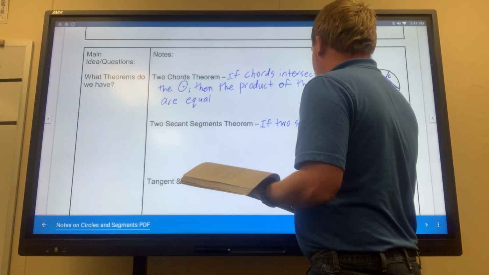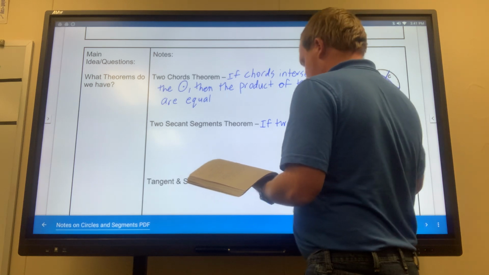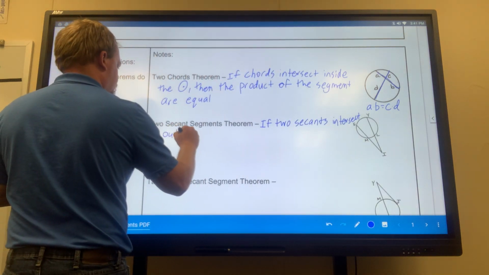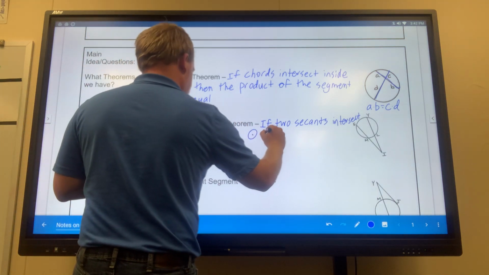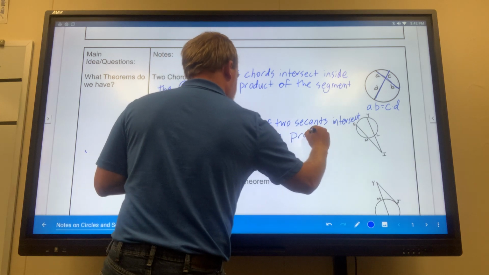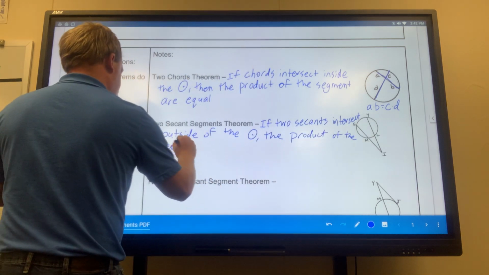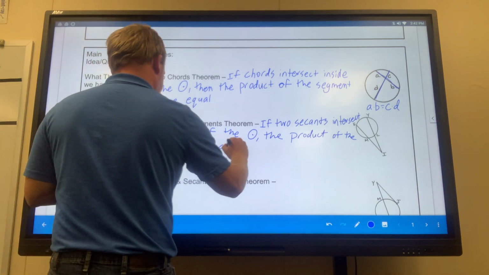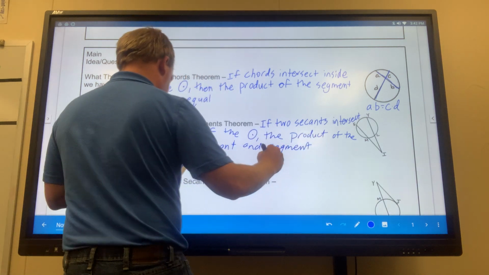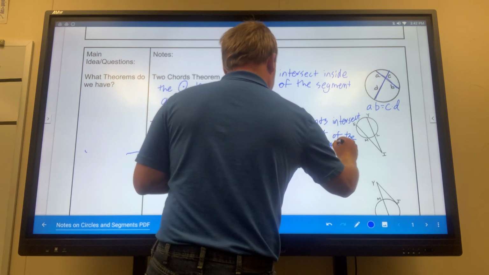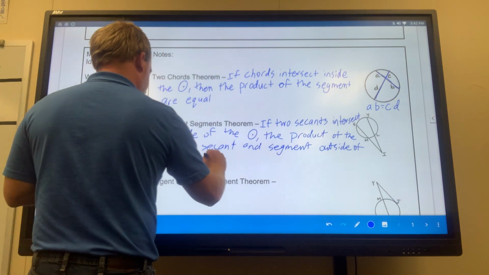If two secants intersect outside of the circle, the product of the entire secant and the segment outside of the circle are equal.